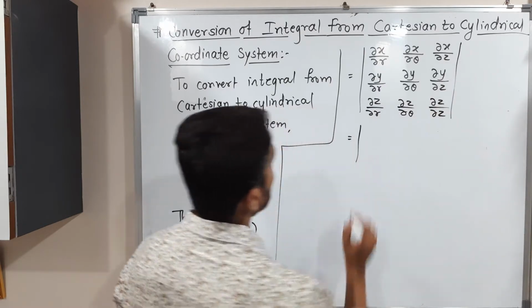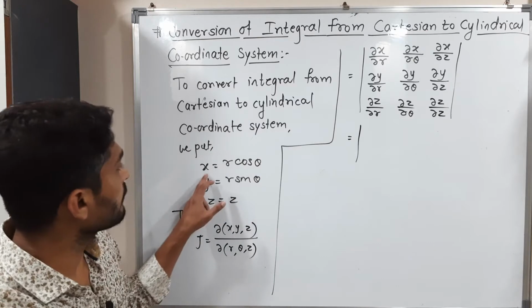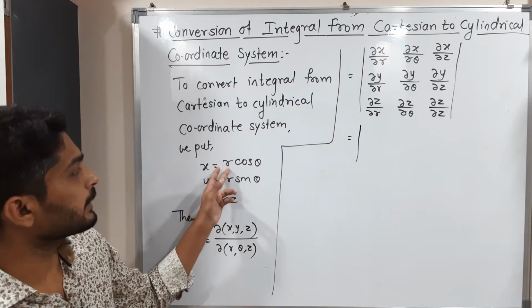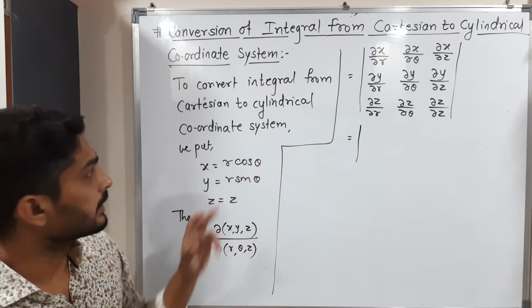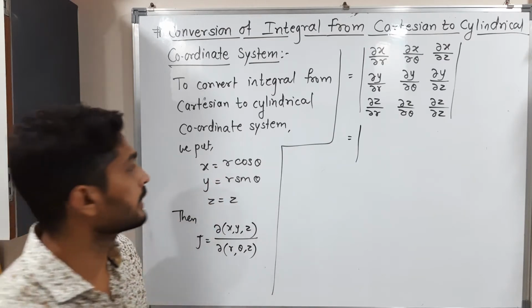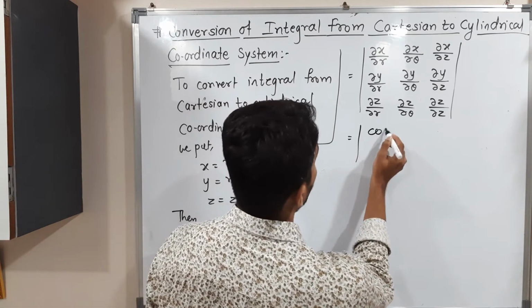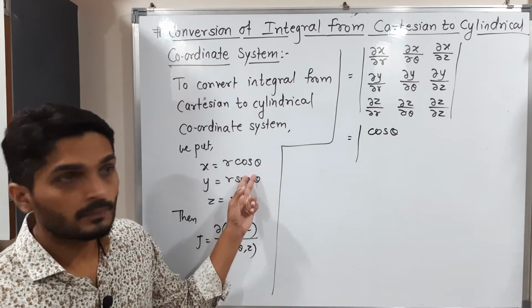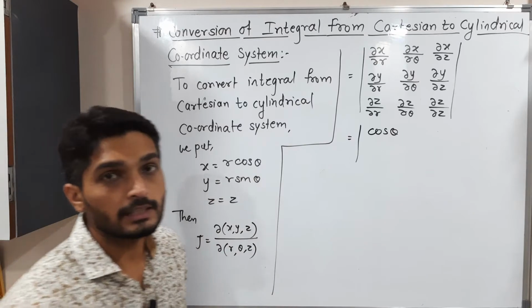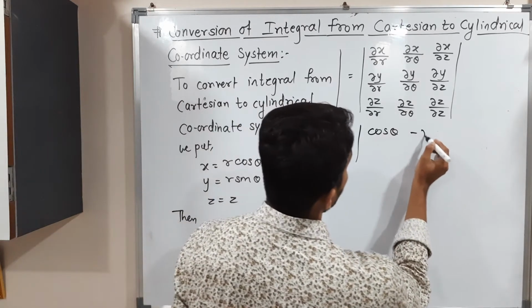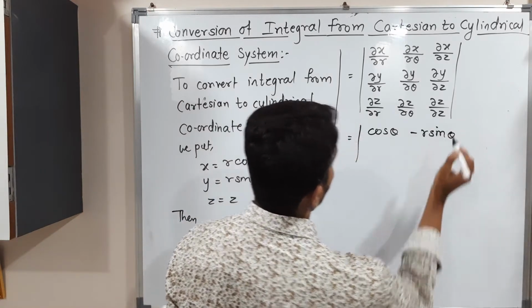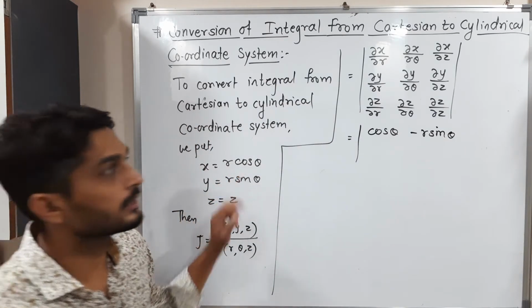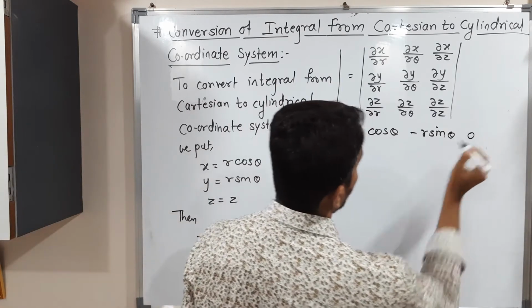which is equal to, see, derivative of x with respect to r, r cos theta, cos theta is constant, derivative of r is 1. So that's why 1 into cos theta, cos theta. Derivative of x with respect to theta, r is constant, derivative of cos theta is minus sin theta, so minus r sin theta. Derivative of x with respect to z, z is not there, so derivative is 0.